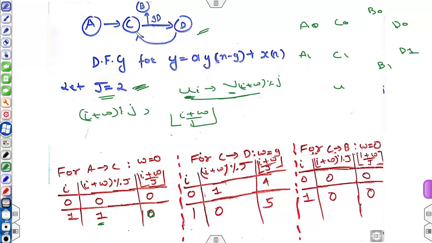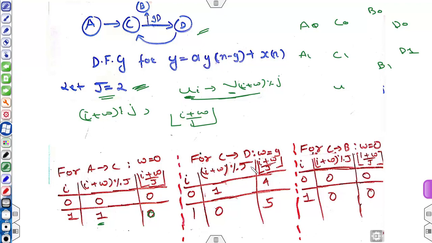Now for the edge between C to D, w is 9, so you have to perform the same calculation for I equal to 0 and 1. So 0 plus 9 divided by j.